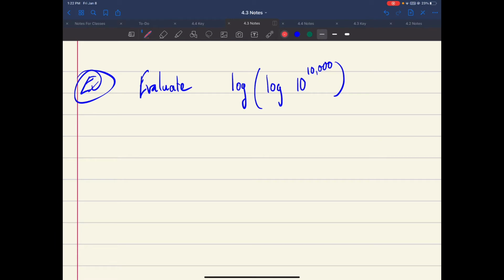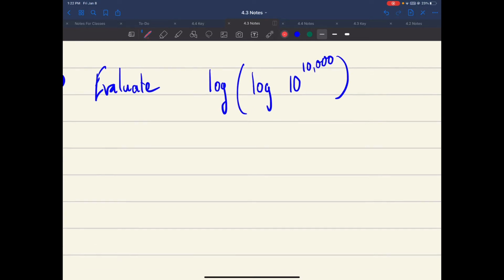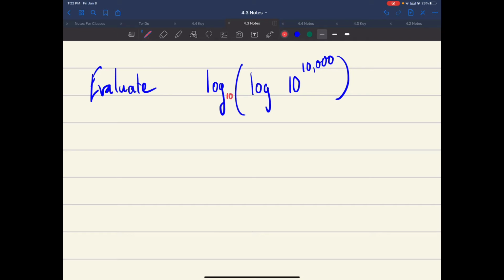Okay, so we have evaluate log of 10 raised to the 10,000. When the base is not stated, we assume it's 10. Just like any other problem, we work from the inside out. So I'm going to first work with this log of 10 raised to the 10,000.